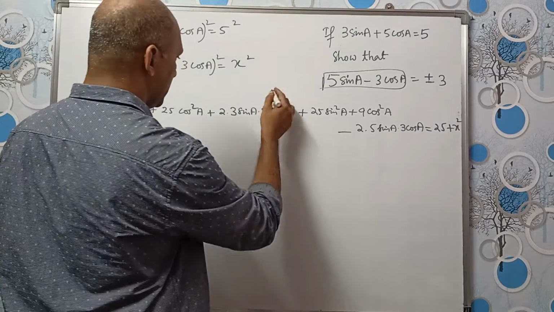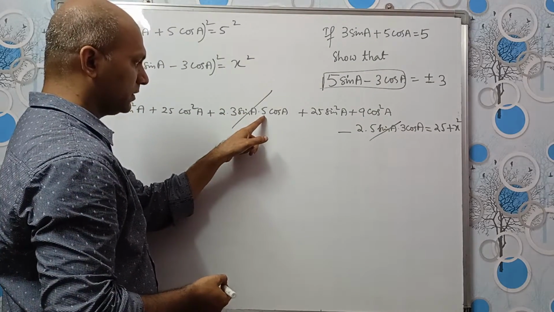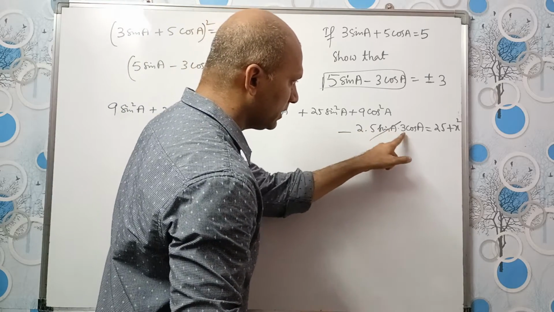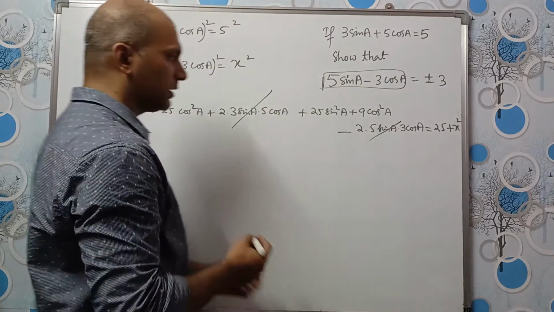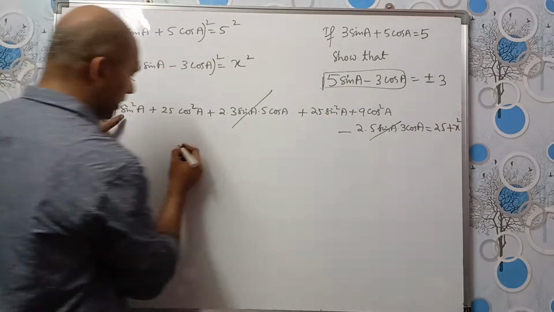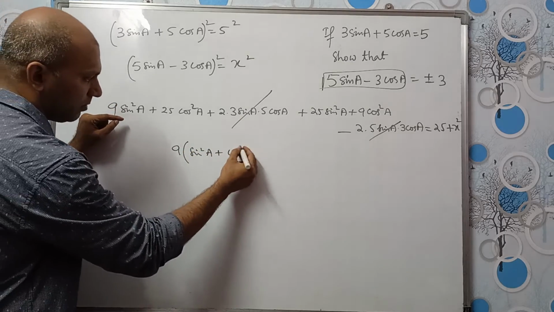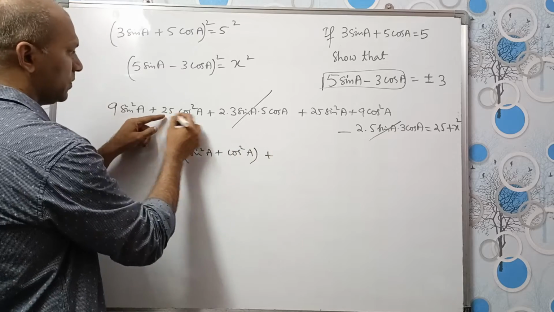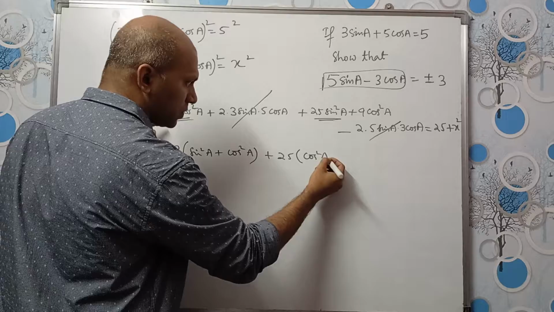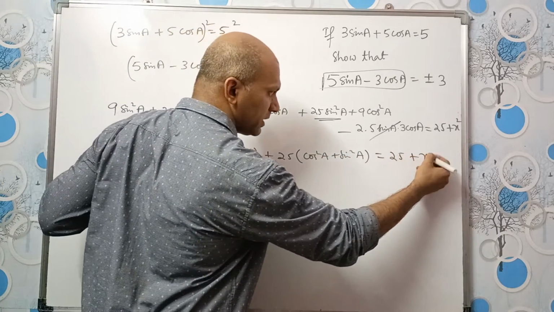See, these two terms will get cancelled anyway, right? 2 into 3 into 5, 30 sin a cos a. Here also 2 fives are 10, 10 threes are 30, 30 sin a cos a. They are the same. And we have 9 sin square a and 9 cos square a. If you take 9 common, we'll have sin square a plus cos square a here. Plus if you take 25 common from these two terms, 25 cos square a plus sin square a is equal to 25 plus x square.